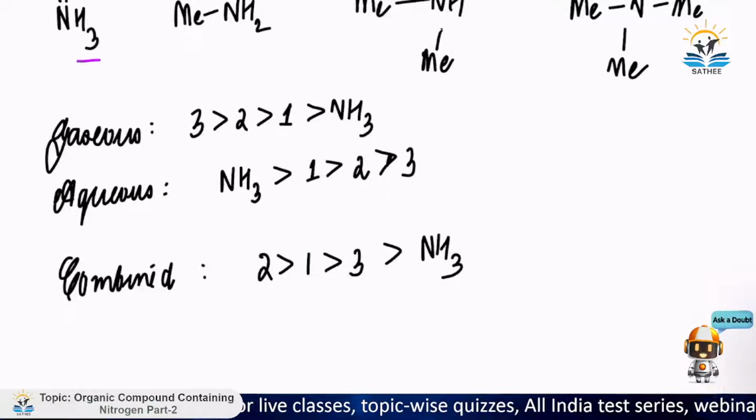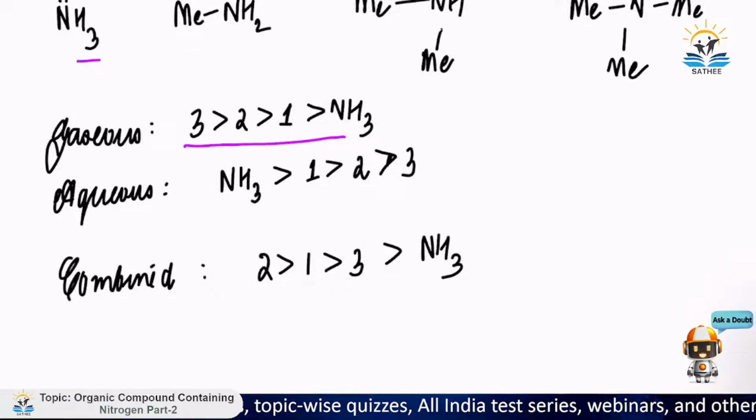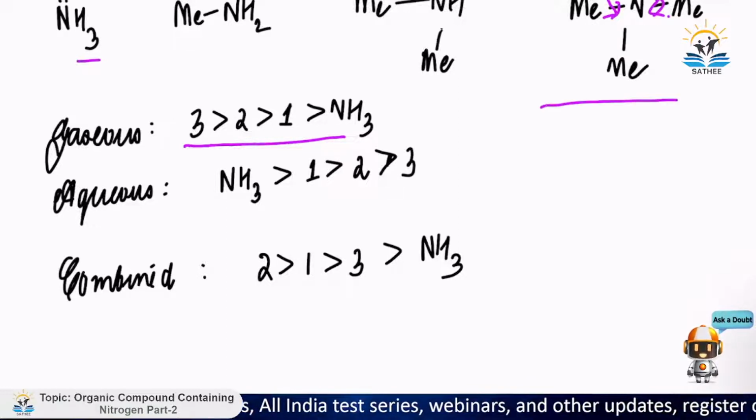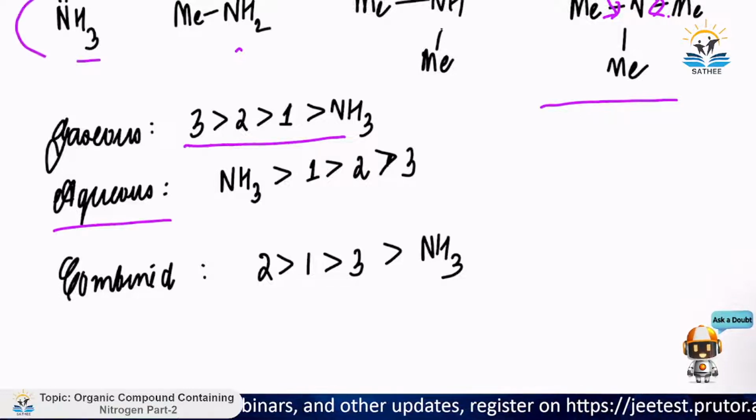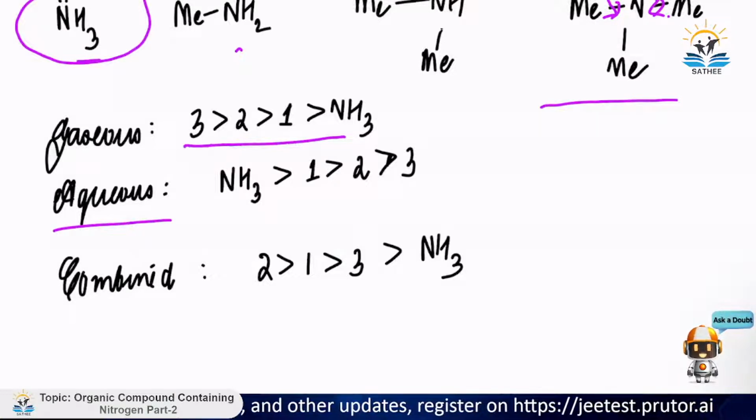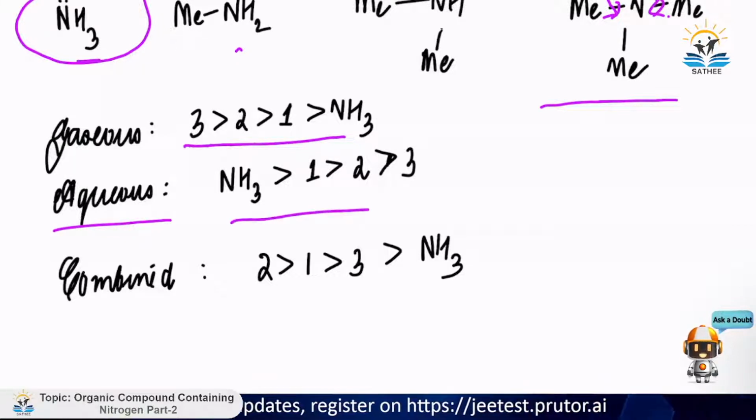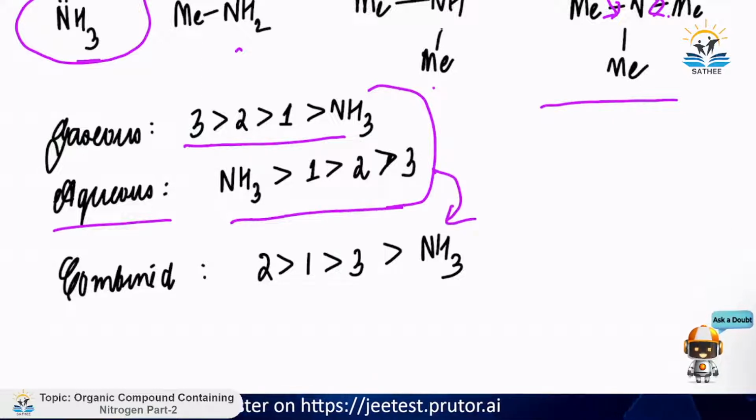And one more thing we have to remember: if we consider the gaseous phase, then since they are electron donating groups, 3 degree is the most basic, then comes 2, then comes 1, and finally comes our ammonia. But in the aqueous phase, we just studied that ammonia has the highest solvation, so in case of aqueous, it becomes opposite. On combining these two, what order do we get?